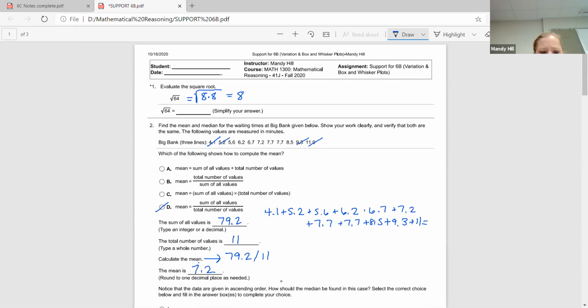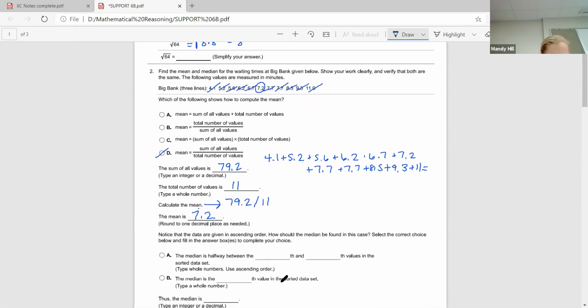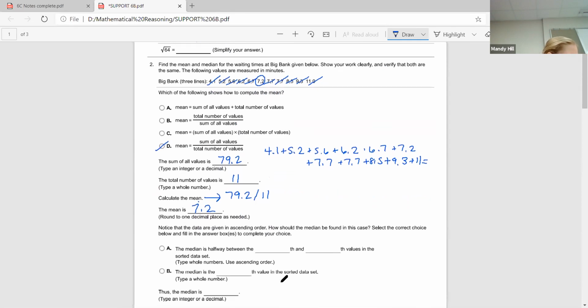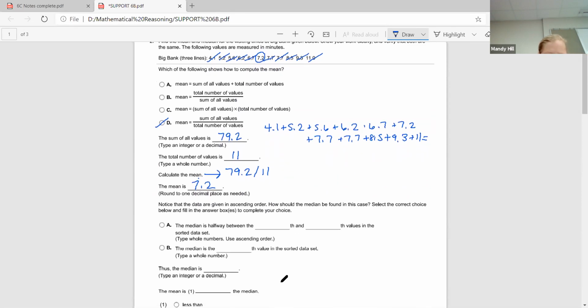So I'm marking off the beginning and the ends of each one of these. So our median ends up being 7.2. Okay, so the median is 7.2. Oh, sorry, I put that in the wrong place.